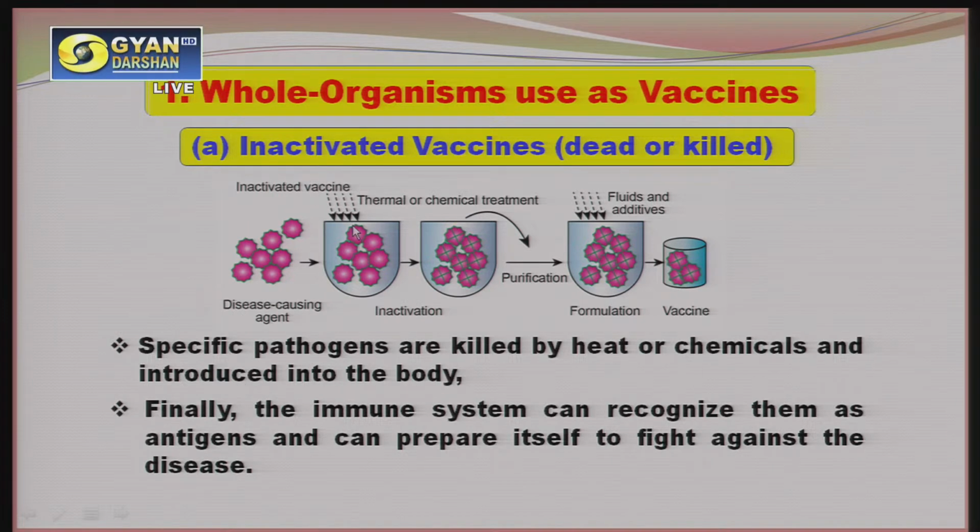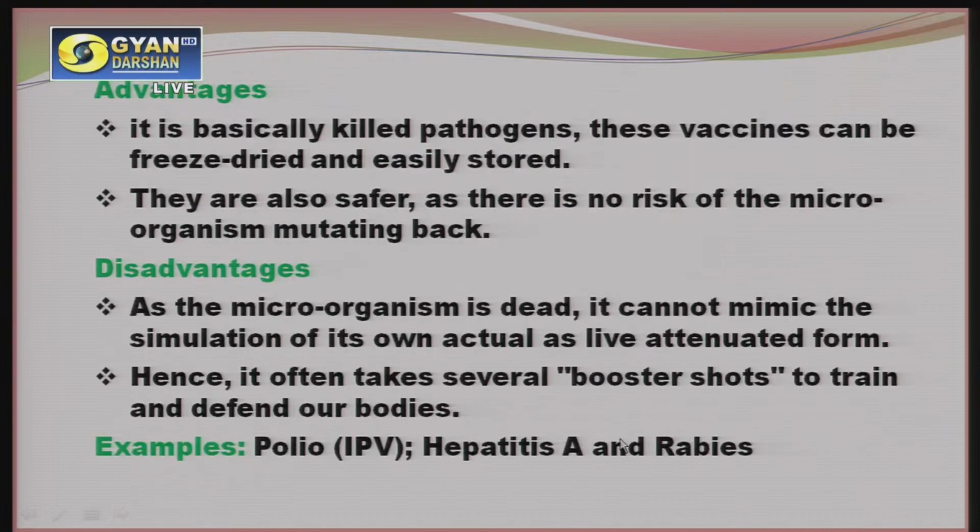So here we can utilize heat, or we can utilize formaldehyde. A number of other chemicals are there we can utilize. Ultimately we can improve the immune response inside the body. Finally, the immune system can recognize them as an antigen, prepare itself, and fight against the diseases.